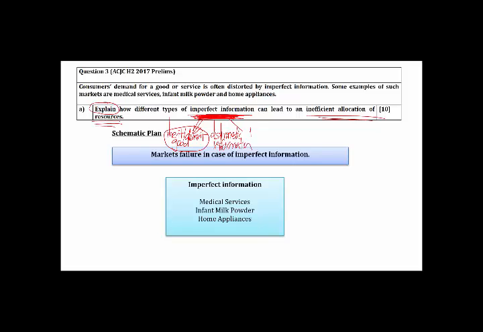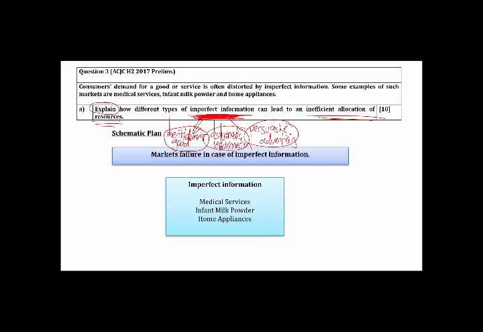And of course, you also have things like your persuasive advertising, or false advertising. So depending on the extent as well, imperfect information can be one of the following.